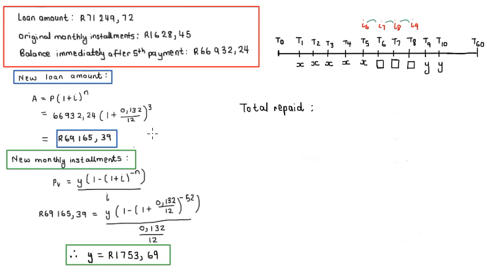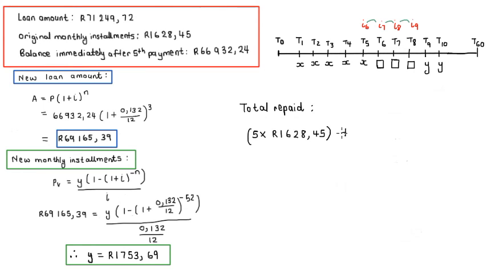But in this case it's just going to be 5 times her original monthly installment, which is this value of X, and if you can remember, that was 1,628 and 45 cents. So she paid 5 of these.